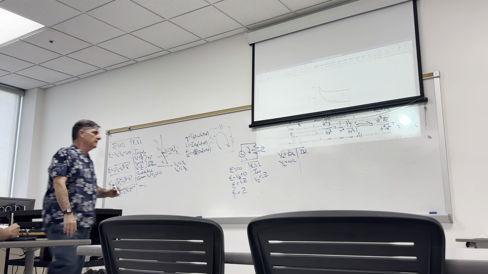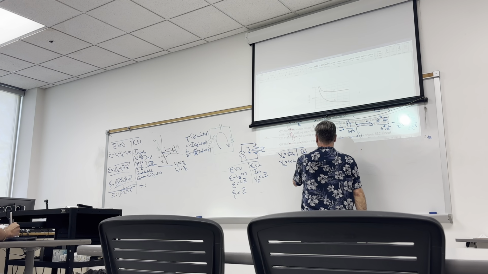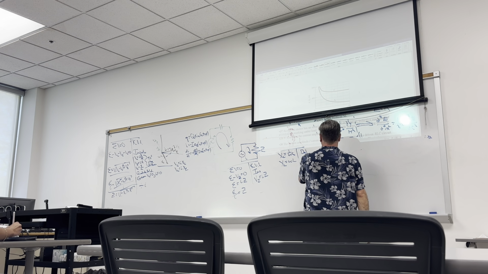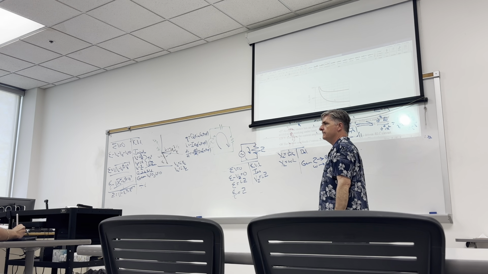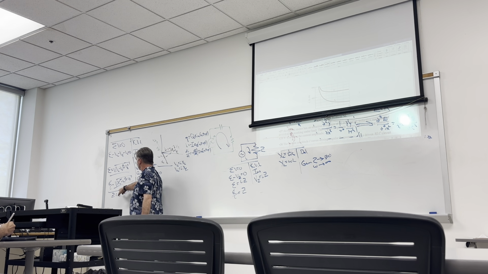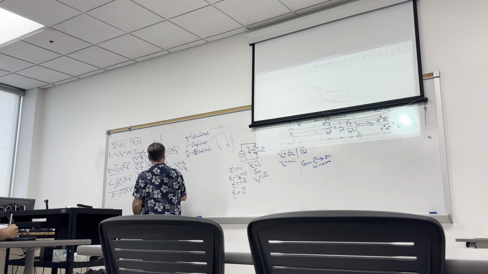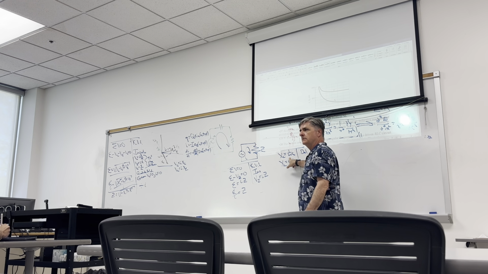So given Z approaches 500 as omega approaches infinity, right? What happens to this equation as omega approaches infinity? I get 1 over infinity times C. What's that going to be? 0.